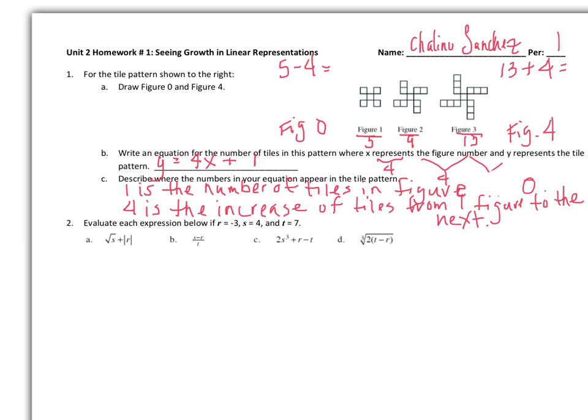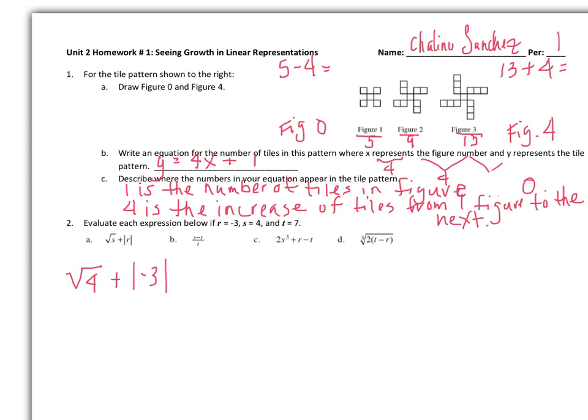Okay, for 2, it says evaluate each expression below if r equals -3, s equals 4, and t equals 7. Our first problem is going to be the square root of s plus the absolute value of r. So we can write that something like this. The square root of 4 plus the absolute value of -3.